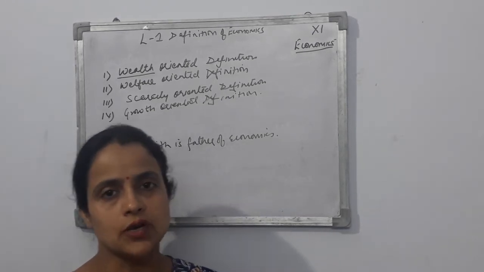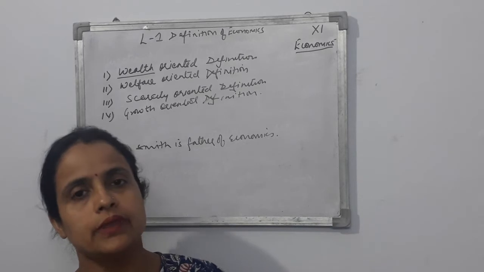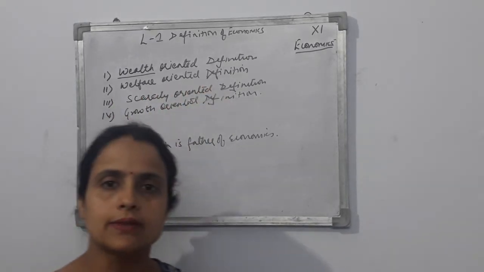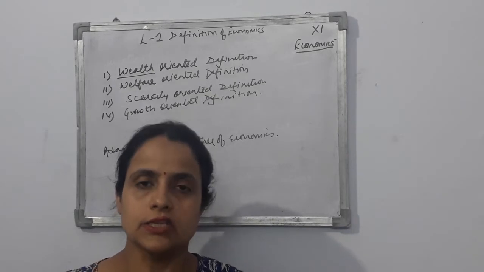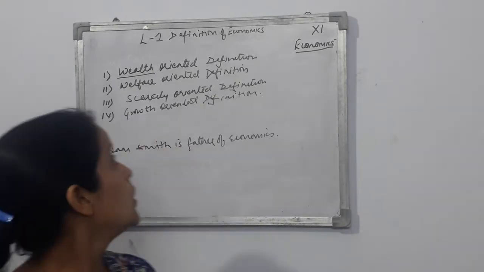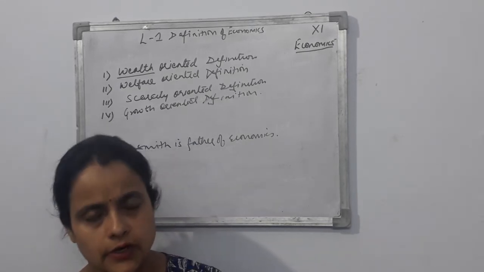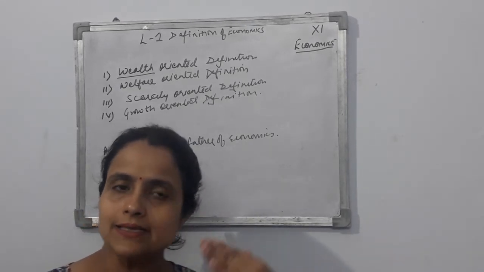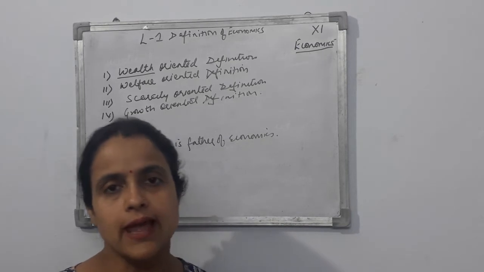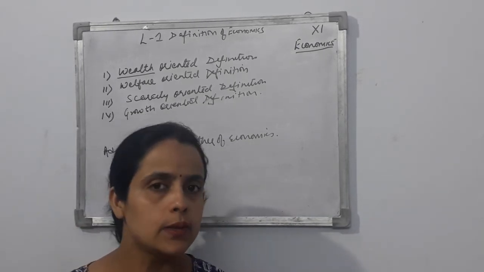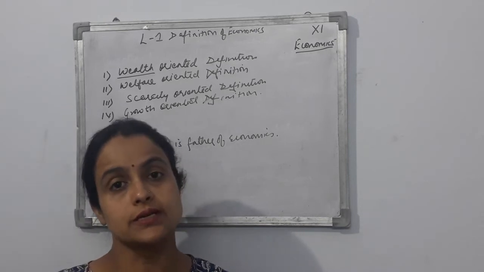So Alfred Marshall came up with another definition of economics which was welfare oriented. Welfare means the good of people, doing good to people. So the welfare oriented definition was given by Alfred Marshall and other economists also. They criticized Adam Smith and said that economics is not only concerned with wealth, but it is also concerned with what?